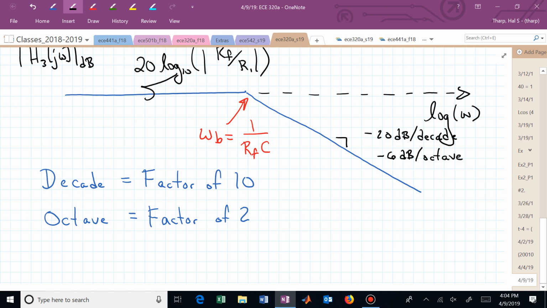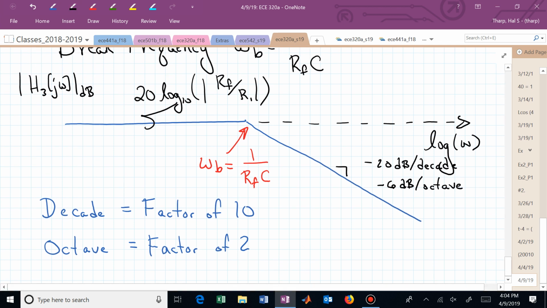So you could graphically show that relationship if you wanted to. You could simply identify, oh, this value in terms of a frequency is 4. Let me go to 8. Oh, I have to be 6 dB down if this is now 20 dB down.